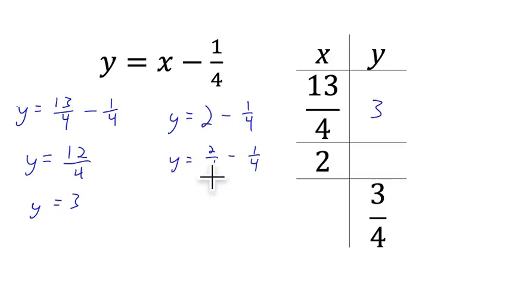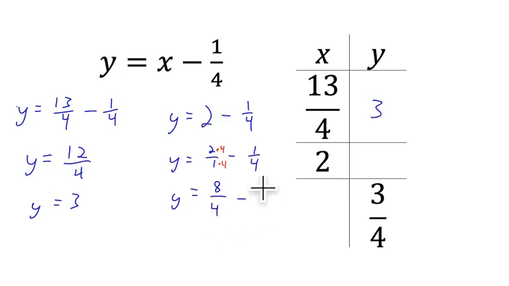And now we can get common denominators by multiplying the top and the bottom of this fraction by 4. That'll give us a denominator of 4. And multiply across the top to get 8. Multiply across the bottom to get 4. And so the number 2 is the same as 8/4.